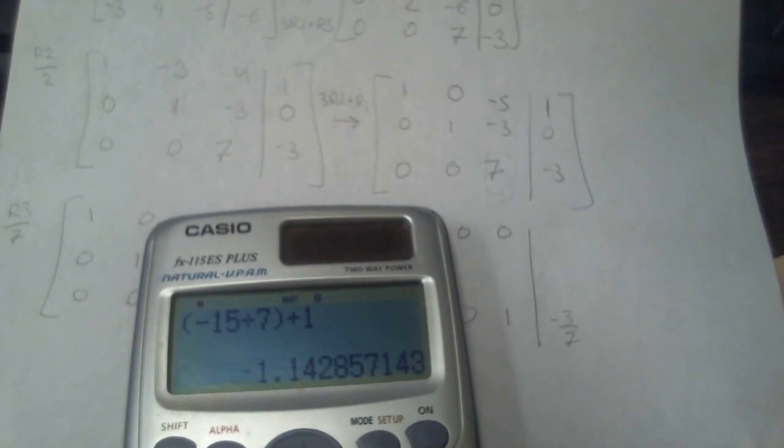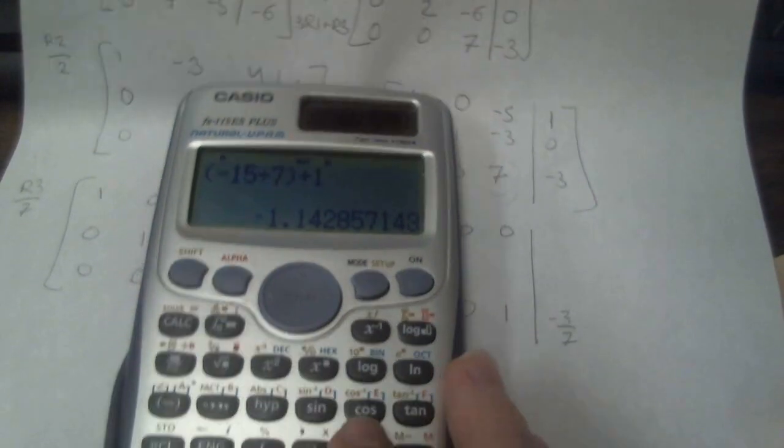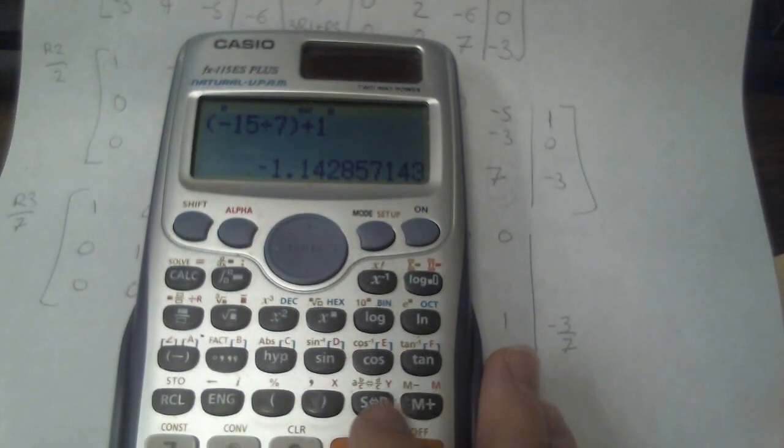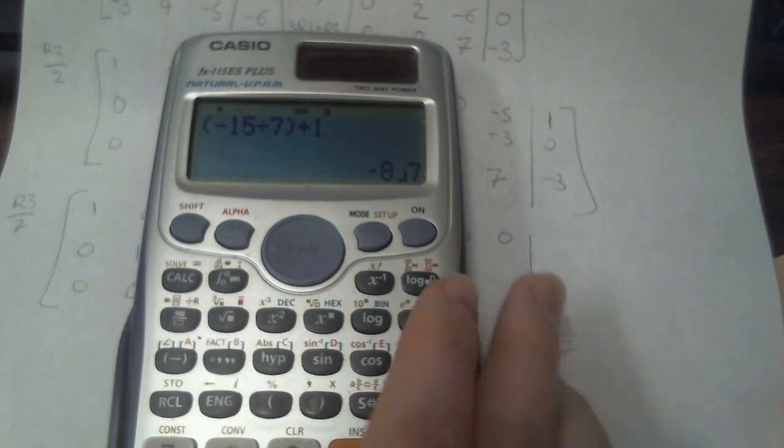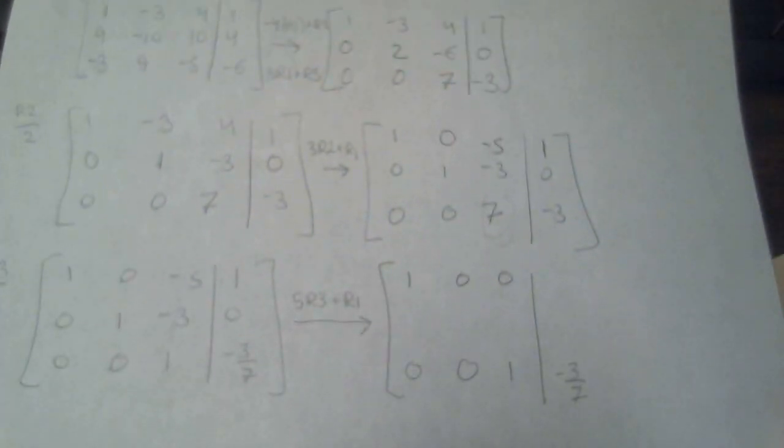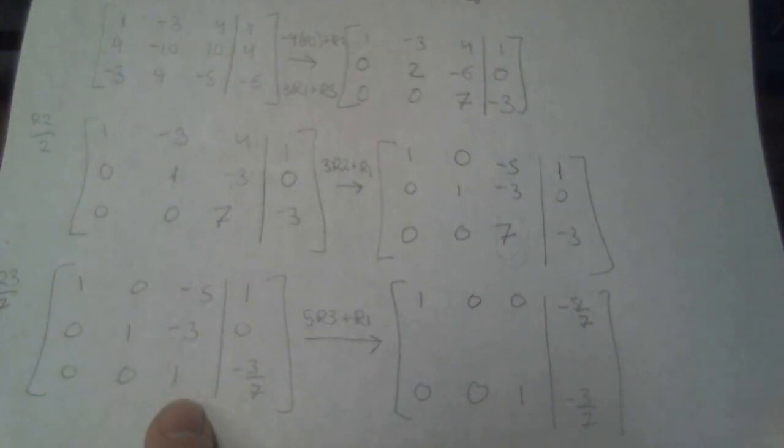And here on these calculators, we can click this S to D button. So I'll move it from fraction to a decimal. So you end up with -8/7. All right, and then we have to do the same thing for the second row here.